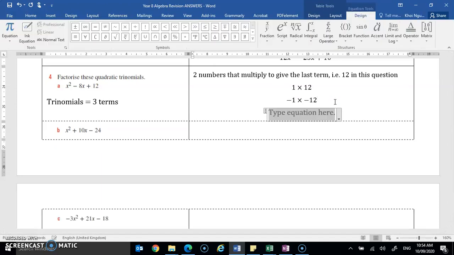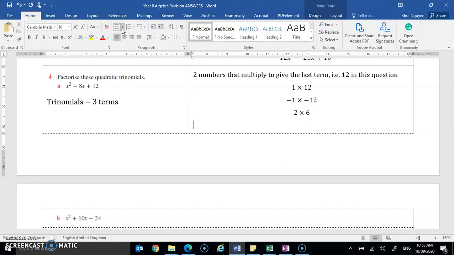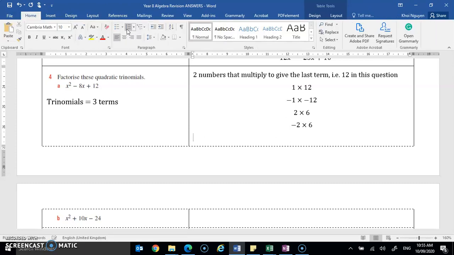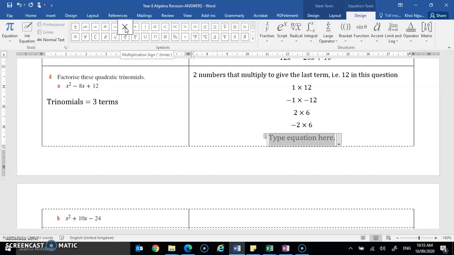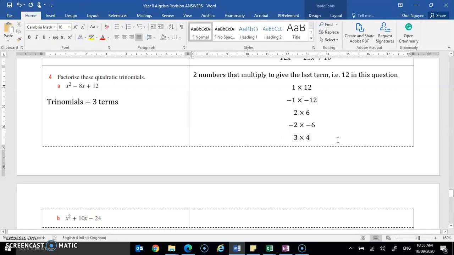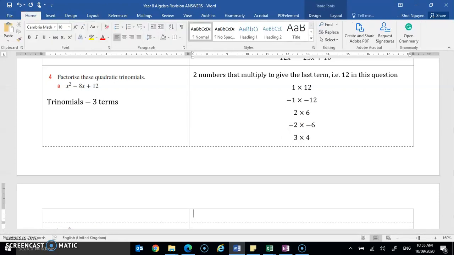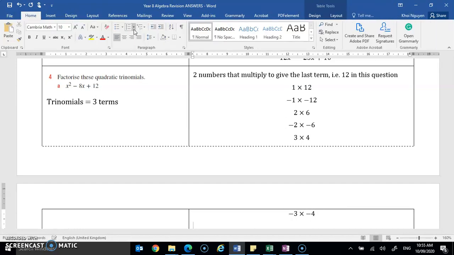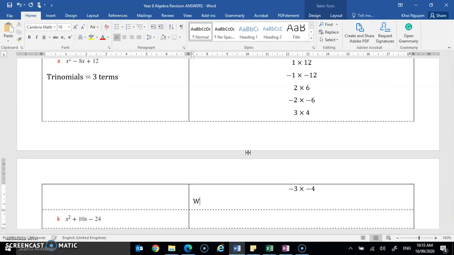We can also have 2 times 6 or -2 times -6, or we can also have 3 times 4 or -3 times -4.